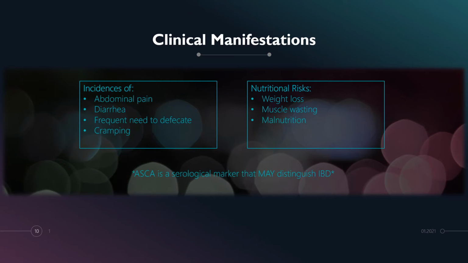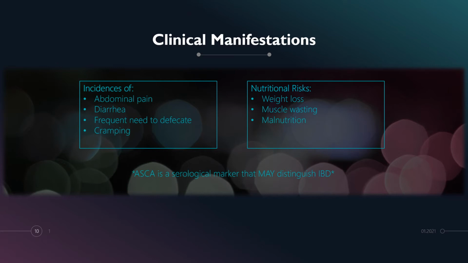However, unfortunately, and this is why it needs more research and testing, these antibodies can also be present with other GI diseases, so it's not really recommended to solely identify and diagnose IBD with these markers alone.